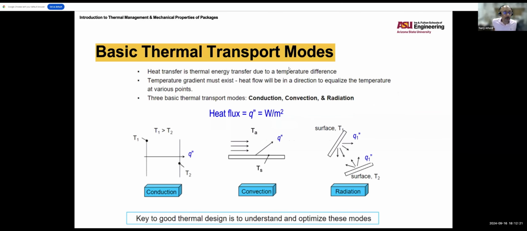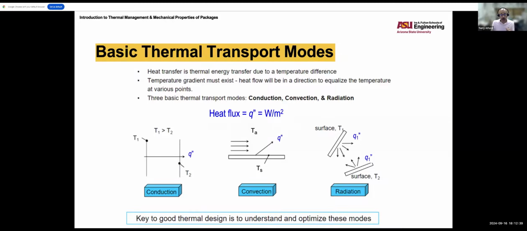All right, so the basics of thermal transport. The driving force for heat transfer is this gradient in temperature.